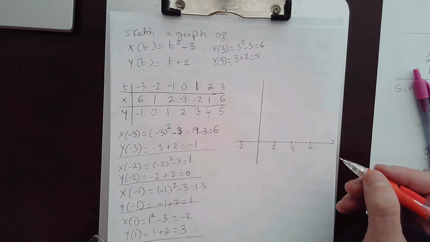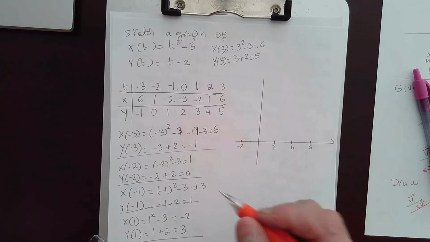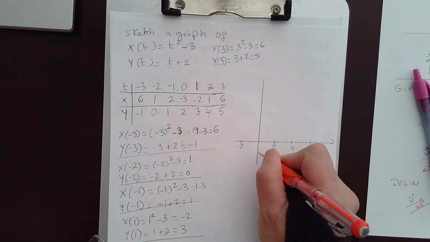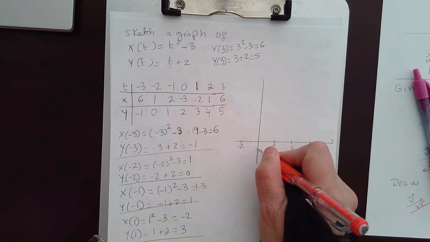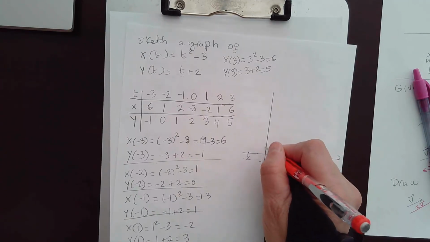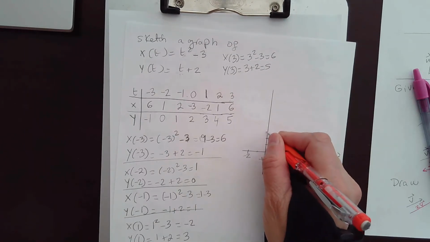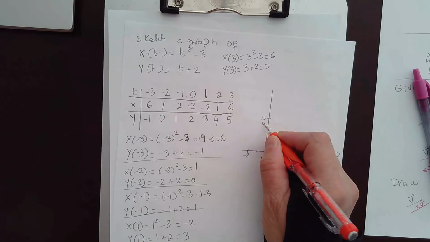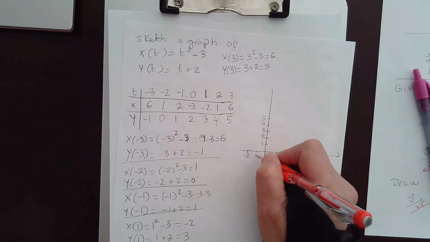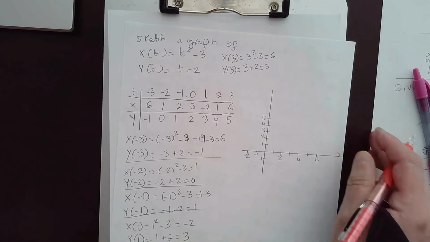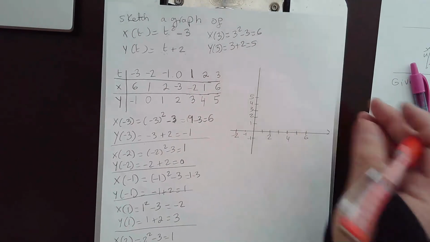For y, you have negative 1, it's an increase by 1, isn't it? You have negative 1, 0, 1, 2. If you want to do this one, you can do that as well. So let's go ahead and plot the points.